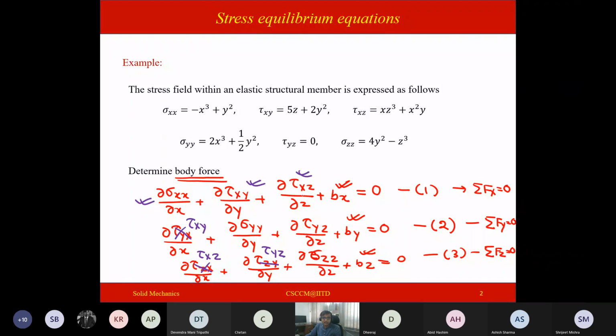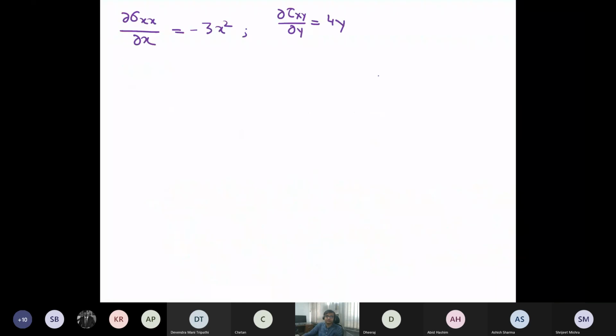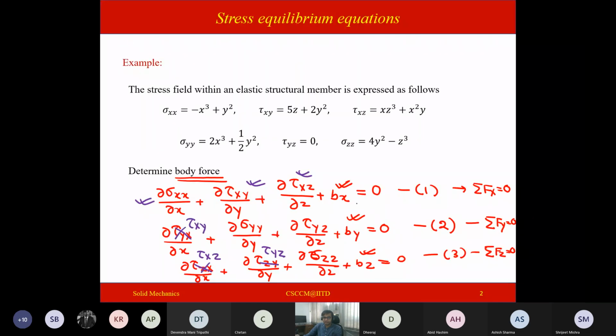And then there is del tau xz, where you take the derivative with respect to z. The second term is not a function of z, so that will be 0 because it is treated as a constant, and the first term will be 3x z square. So del tau xz del z is equal to 3x z square. Now I have all the components of the first equation.